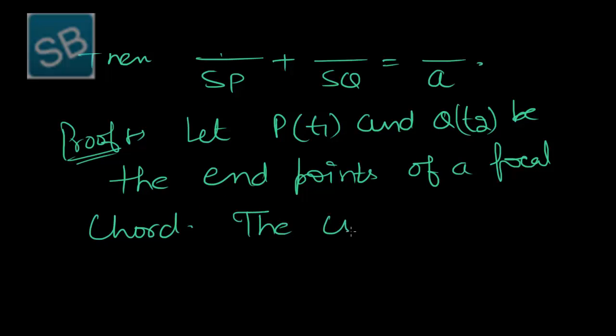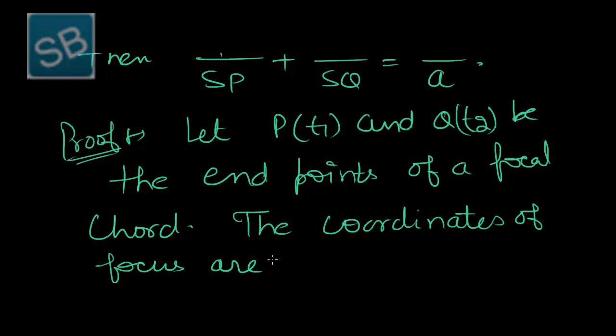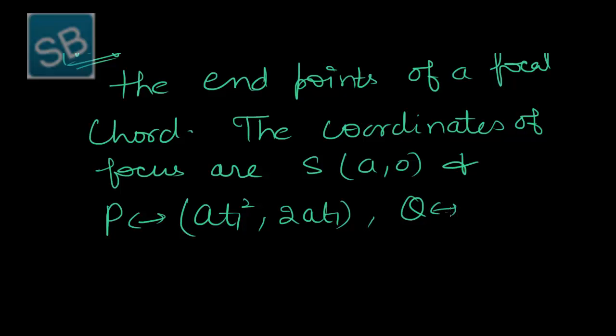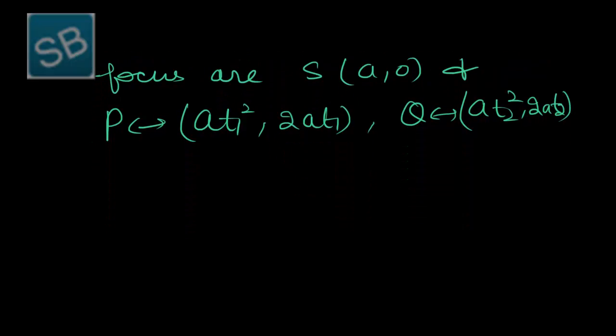The coordinate of focus are S of a, 0 and coordinate of P are at1 square, 2at1, and coordinate of Q are at2 square, 2at2. Now we will find out SP and SQ.